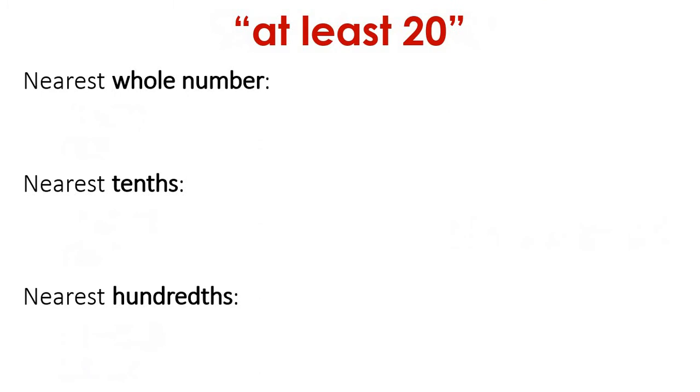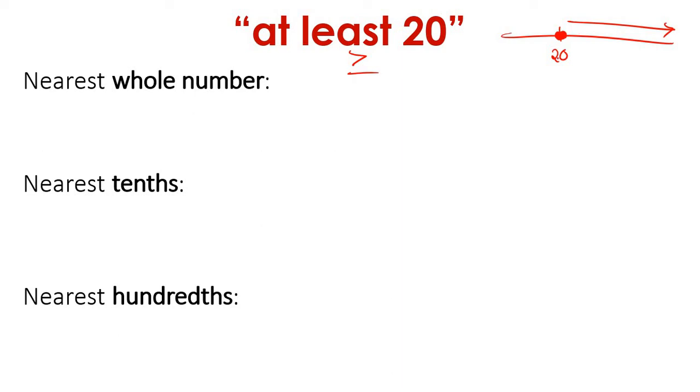Another keyword is at least 20. When we say at least, it's greater than or equal to 20. Now, if we try to illustrate it in the number line, and here is 20, when we say at least, we now want to include it. So 20 will be included. This is the starting point, going to the right, area above.